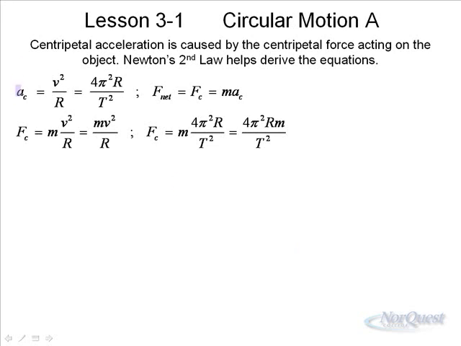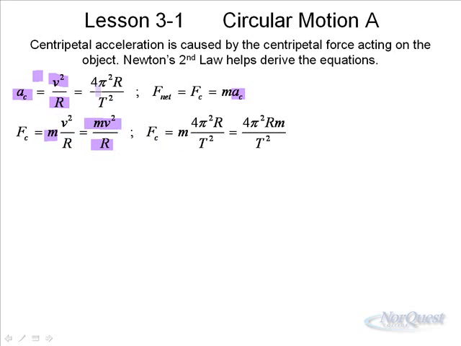So we defined centripetal acceleration as v squared over r, and of course since net force is equal to ma, then the centripetal force is just going to be equal to the centripetal acceleration times mass. So if we take this first one, v squared over r, and multiply it by m, we end up with mv squared over r, and this is a standard form.